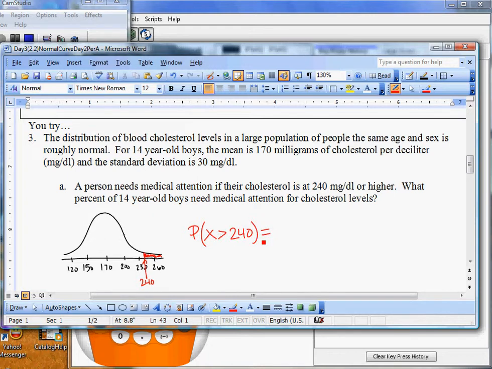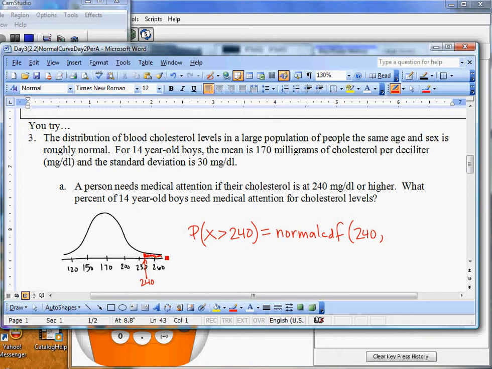I could go to my table, which would mean I'd need to find the z-score for this. With my calculator, with Normalcdf, I don't have to find a z-score. All I have to do is use Normalcdf, and four things go into it. My lower bound, which in this case is 240.